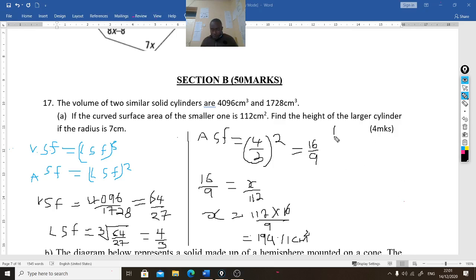So that becomes the area of the larger cylinder.